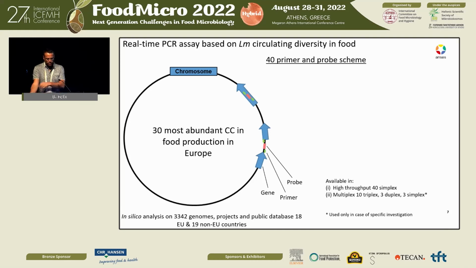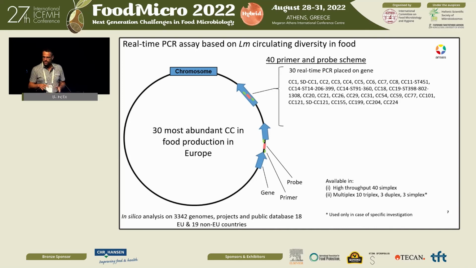So this method was developed for high throughput system, as described by Sabrina Kadelesix before me, but also was validated as a multiplex method, as 10 triplex and 3 duplex and 3 simplex, to be applicable worldwide in all kinds of real-time PCR machines. So just a list of the clonal complexes we are targeting.